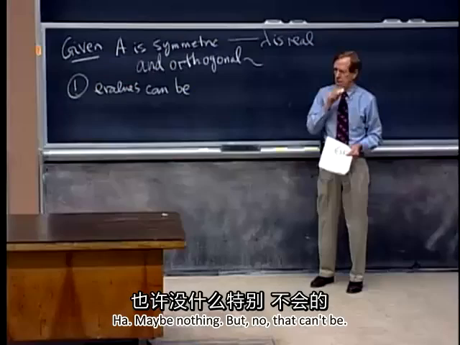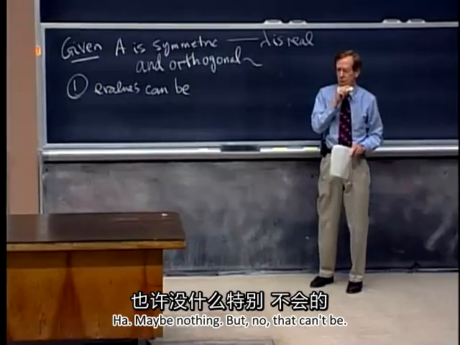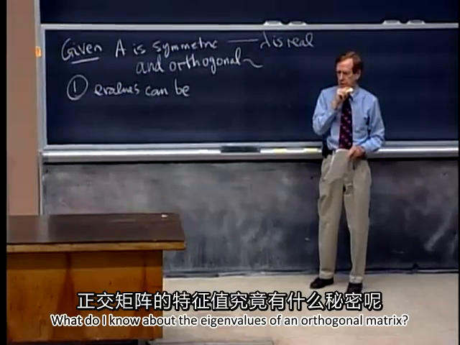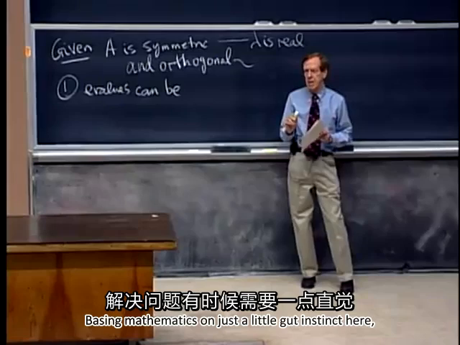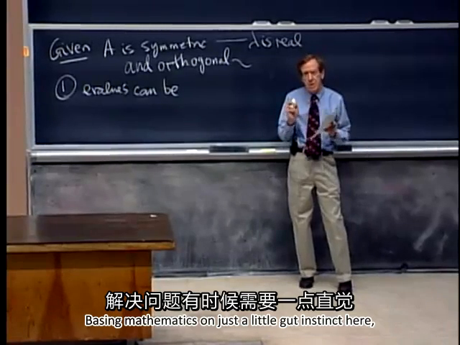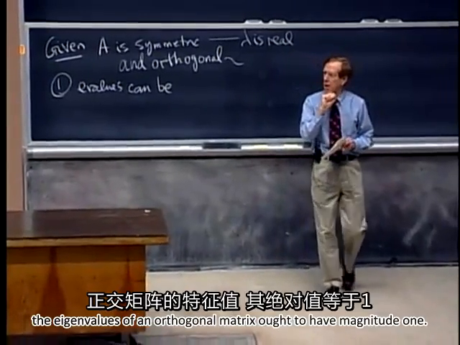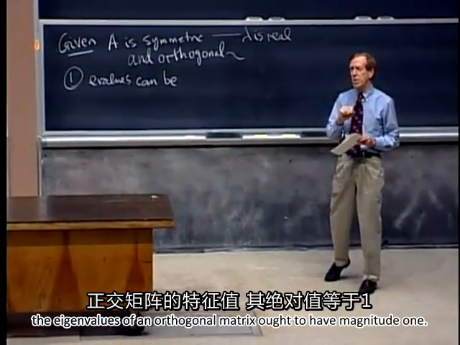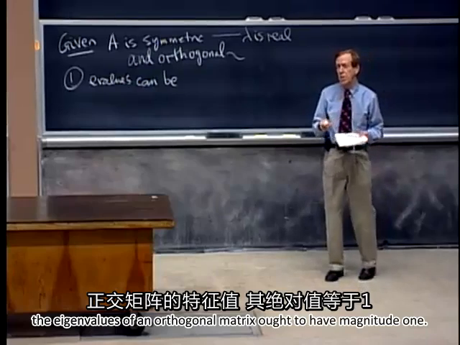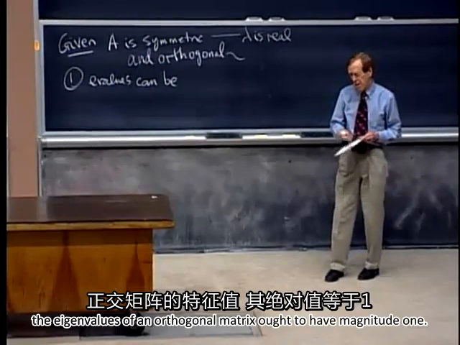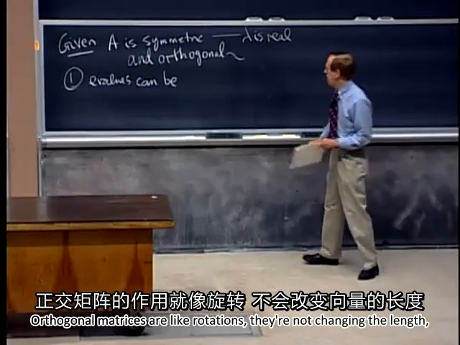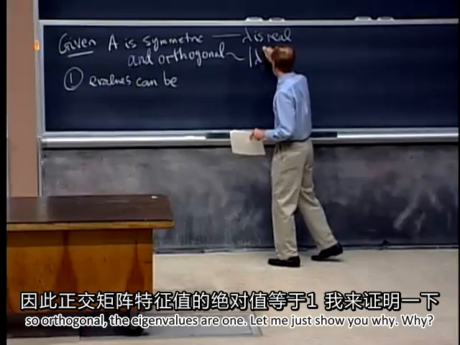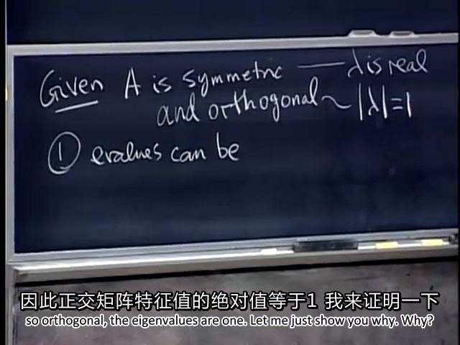What do I know about the eigenvalues of an orthogonal matrix? Well, what feels right? Basing mathematics on just a little gut instinct here. The eigenvalues of an orthogonal matrix ought to have magnitude 1. Orthogonal matrices are like rotations. They're not changing the length. So for orthogonal, the eigenvalues have magnitude 1. Let me just show you why.